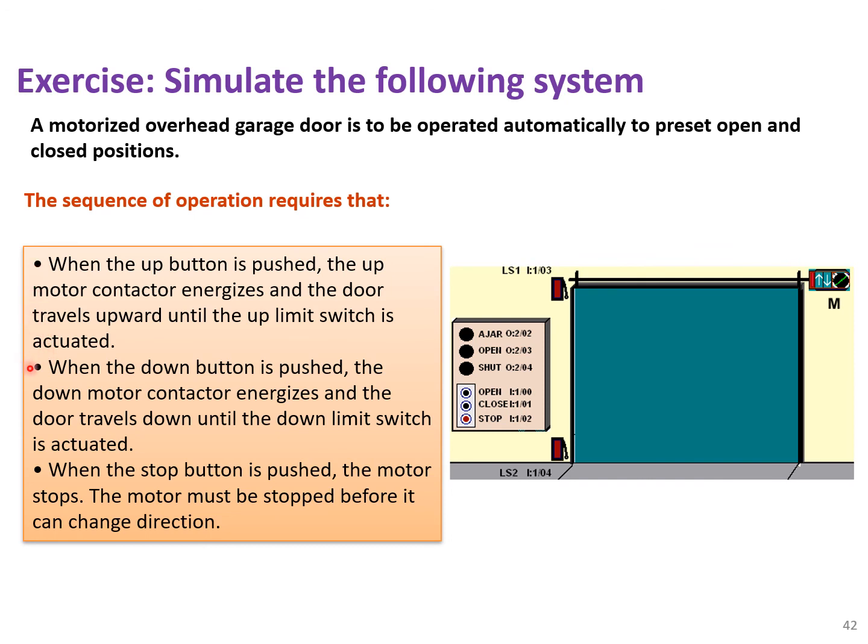When the down button is pushed, the down motor contactor energizes and the door travels down until the down limit switch is activated. When the stop button is pushed, the motor stops. The motor must be stopped before it can change direction. Okay, so these are our needs, and these are the sequences of operation of our PLC program.